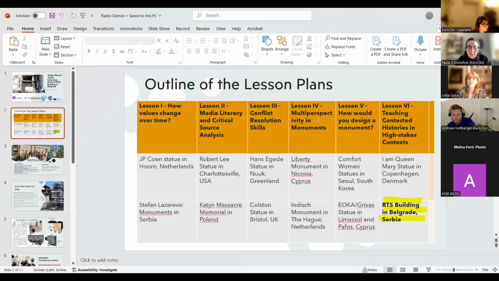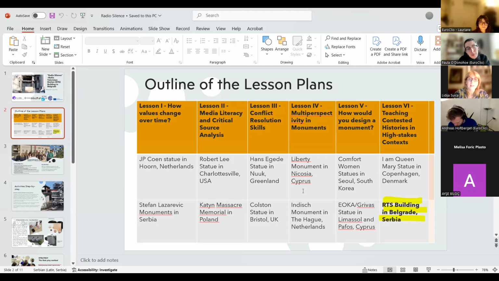Here we can see something that we have been doing in this project that we're calling monumental challenges. It is about monuments, but monumental challenges is really something that this project is emphasizing.